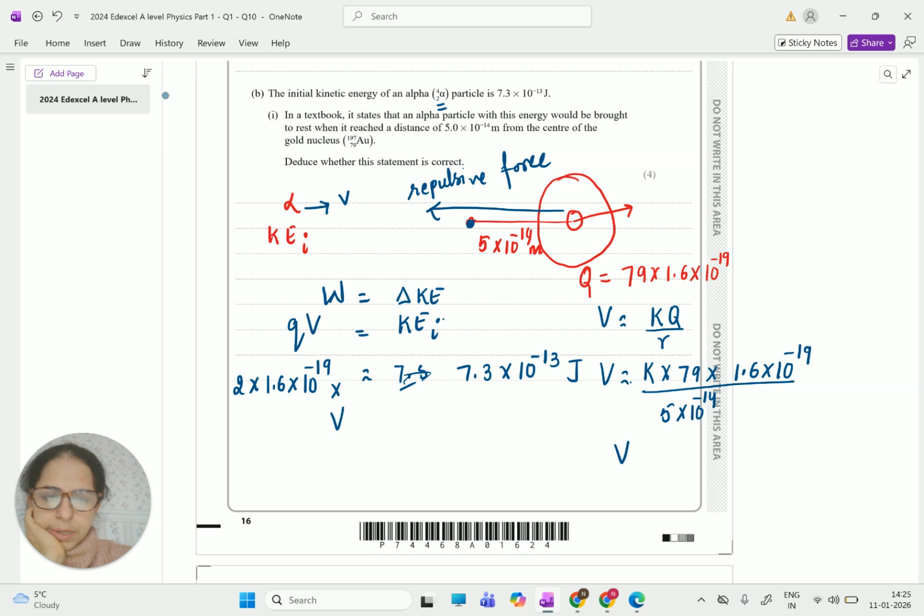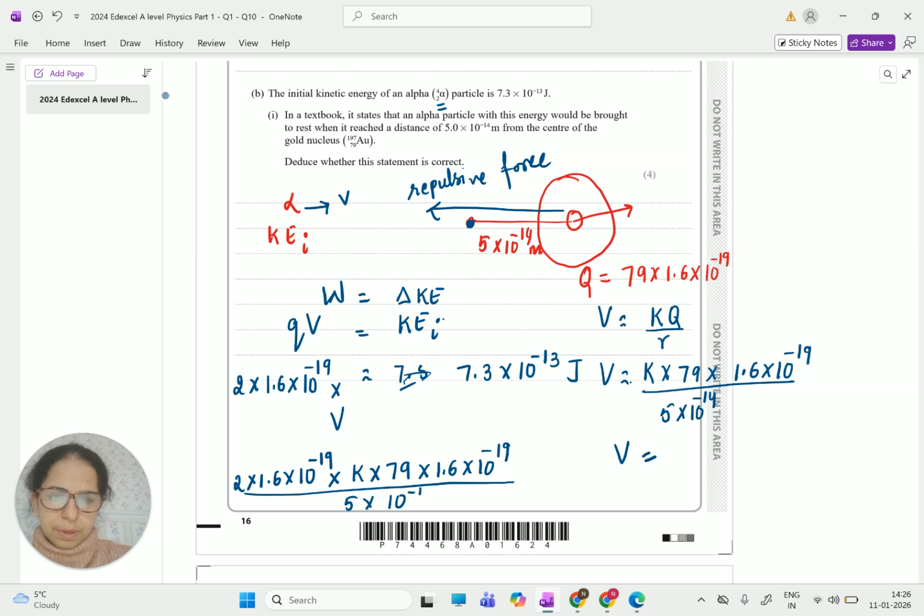I calculated it earlier. Let me just give you the value in case some of you have calculated it. Okay, I'm just going to write this. So you plug in the values: 2 times 1.6 × 10^-19 times k times 79 times 1.6 × 10^-19, over 5 × 10^-14.